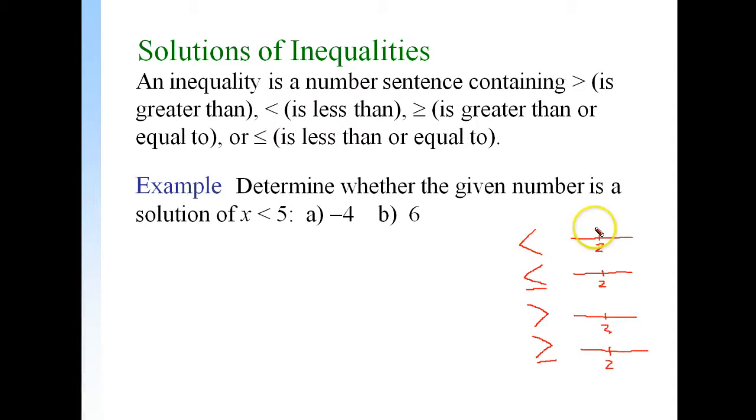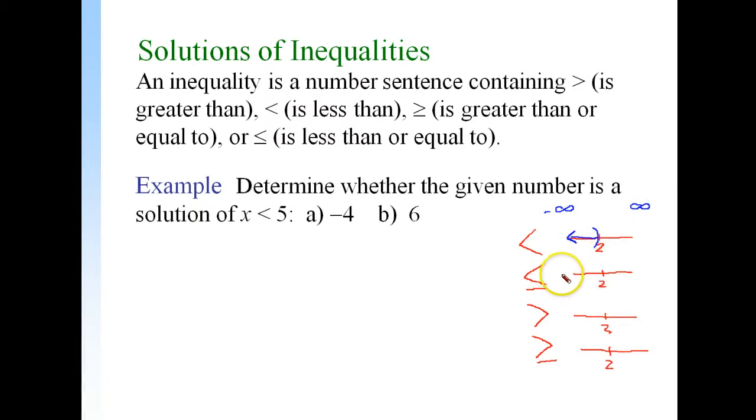Well, the answer is no. So we indicate that by a parenthesis at 2. We darken this line, and we get an arrow indicating it's going on to what we call over here is negative infinity. Over here we have positive infinity.